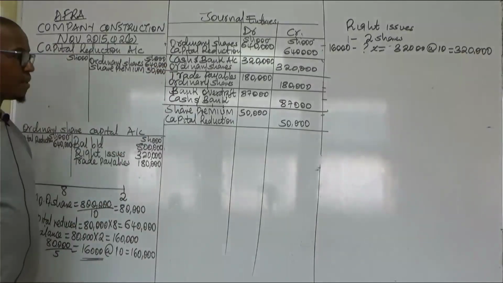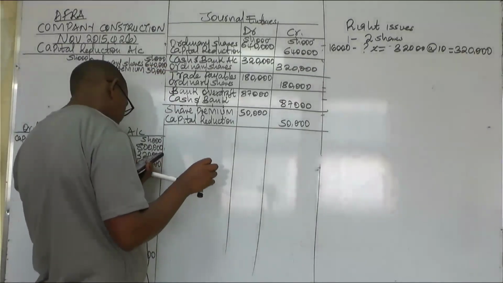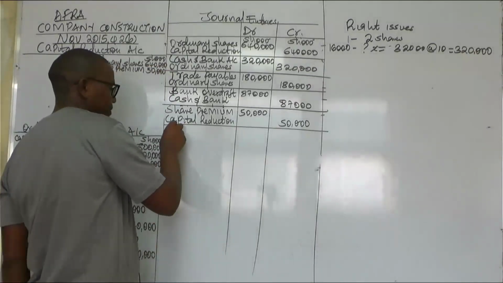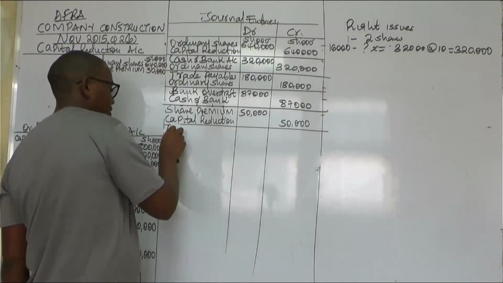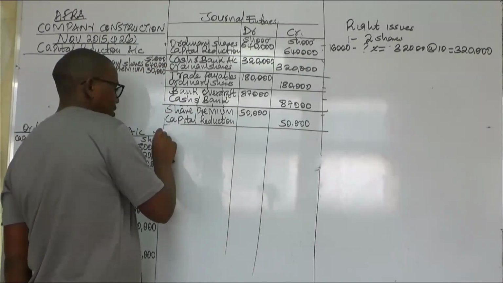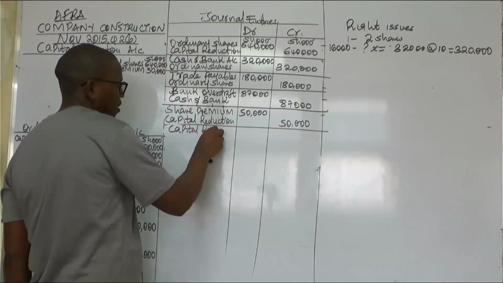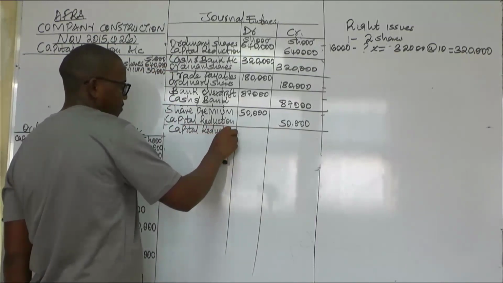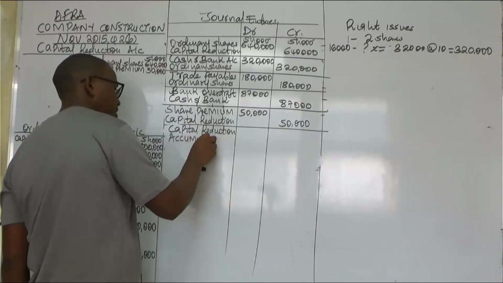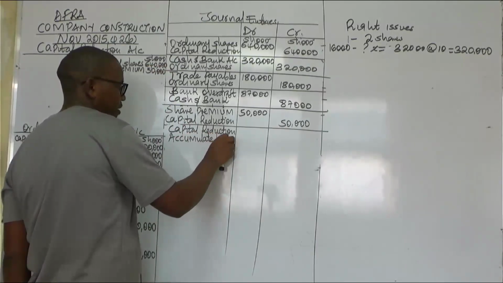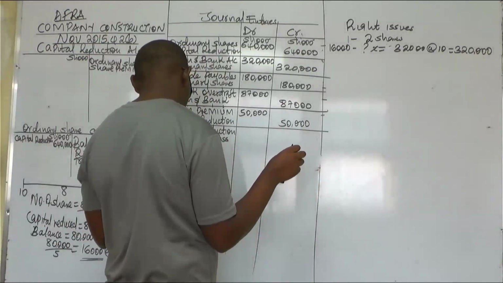So, endelea. The other one is goodwill. The accumulated losses. You debit the accumulated losses here. We debit the capital reduction. So this is now a loss. Then we'll credit the accumulated loss. So the accumulated loss was of how much?